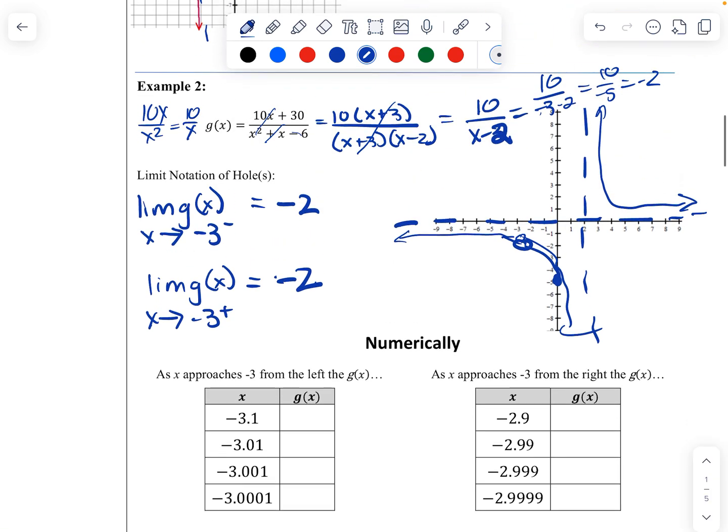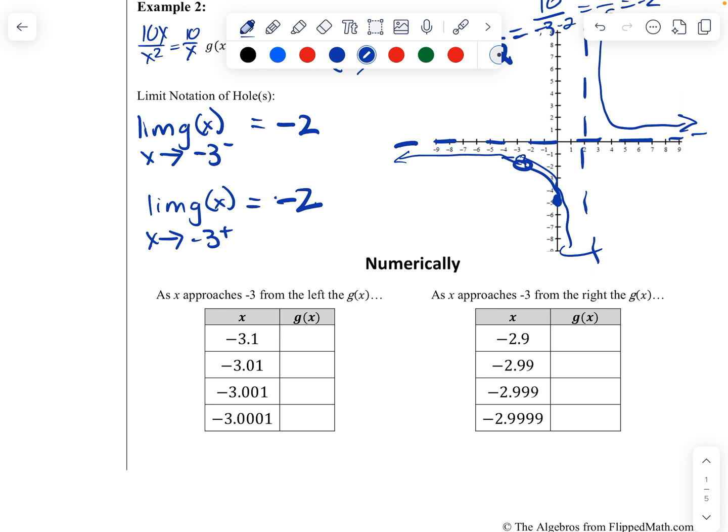So to figure out where it approaches, we just take our hole and plug it into the equation. Now numerically, again, you can just start plugging in these values. So negative 3.1 is negative 1.96. Negative 3.01, negative 1.99.